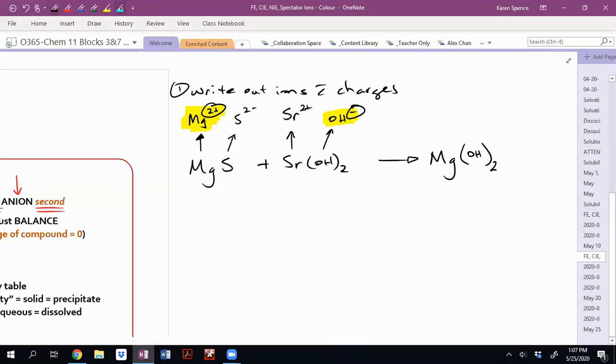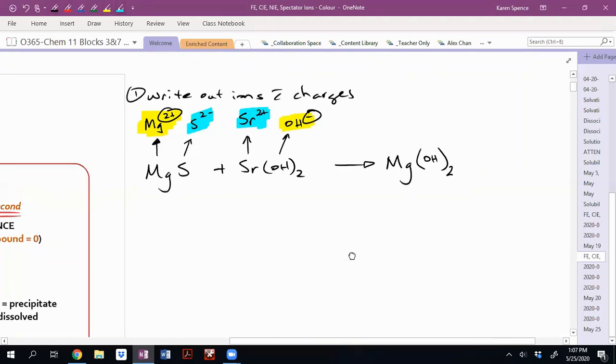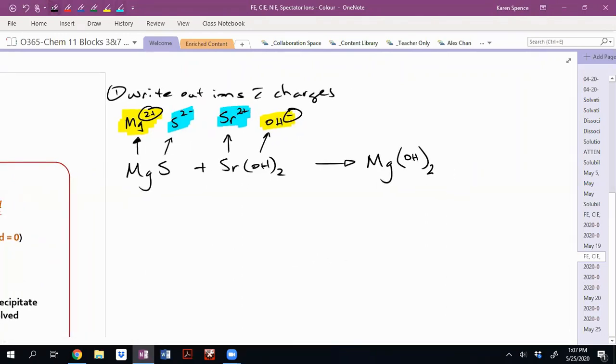For our second product, we take our cation and our anion and put them together. Now watch out. Don't just start flinging them together like SrS because that's the order they're in. You always have to put the cation first, and that is the strontium because it's 2+.